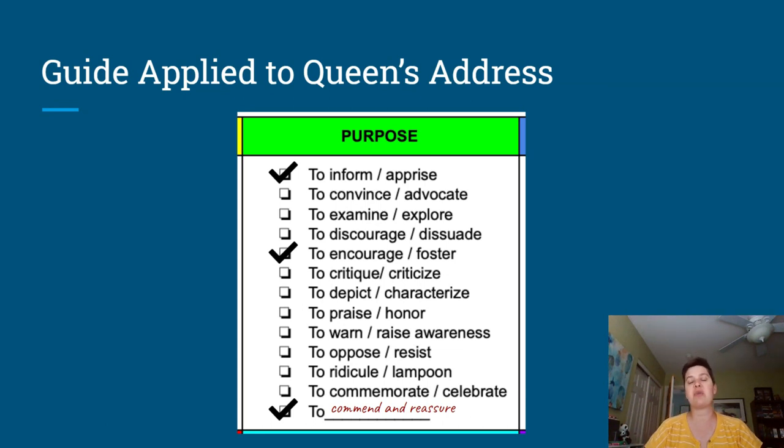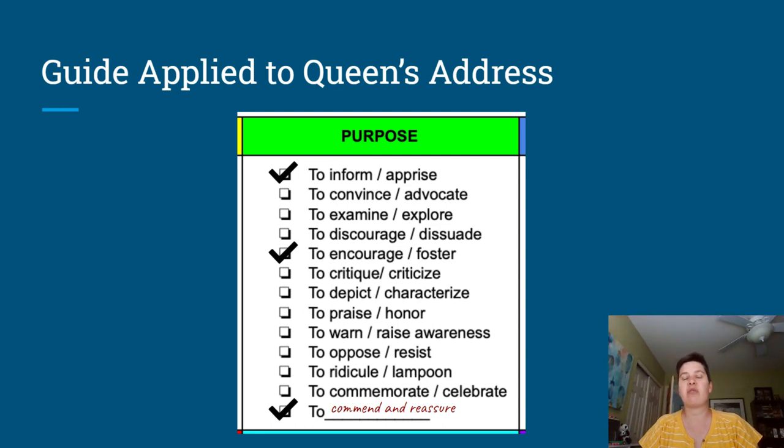So she's using it to inform her subjects, to encourage them during this time, as well as to commend the actions of those who are following the quarantine, as well as those who are working in the health services, the food services, and community services. She's also commending those who are adhering to the stay-at-home requirement.